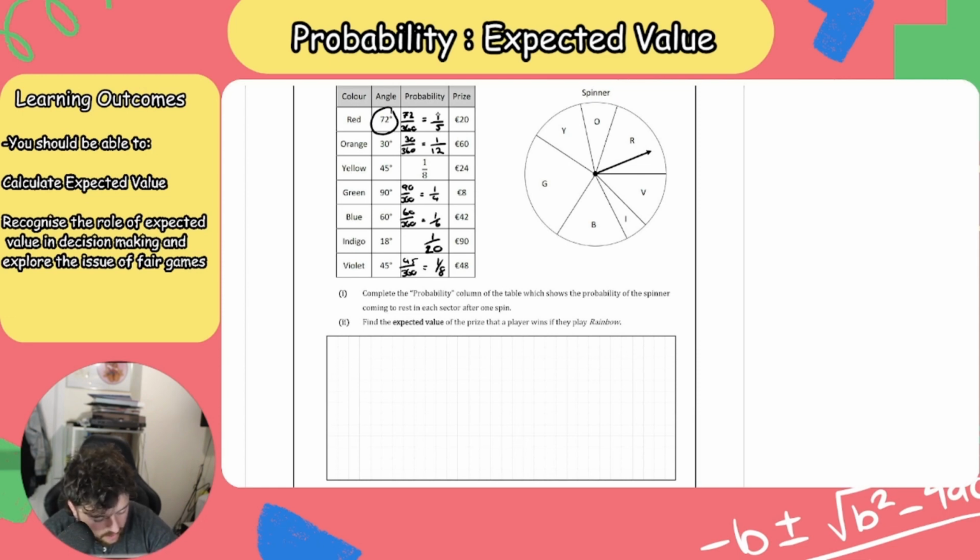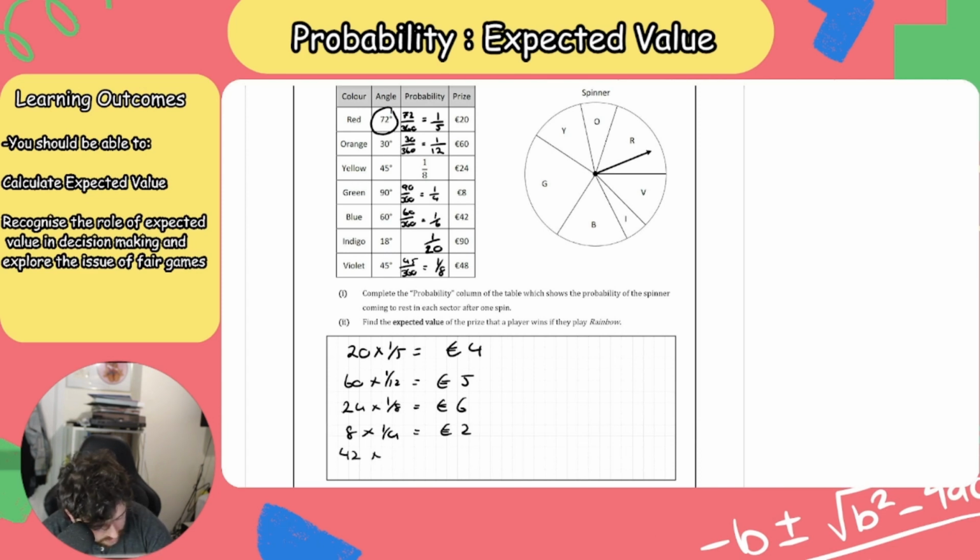I multiply it out. So 1/5 times 20, which is 4 euro. 1/12 times 60, which is 5 euro. 1/8 times 24, which is 3 euro. 1/4 times 8, which is 2 euro. 1/6 times 42 is equal to 7 euro. 1/20 times 90 is equal to 4.5 euro.